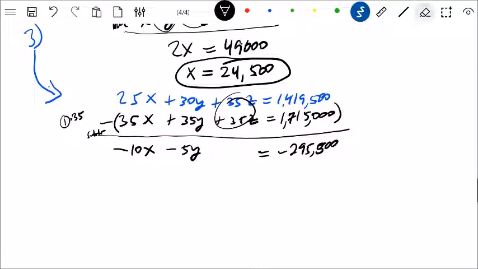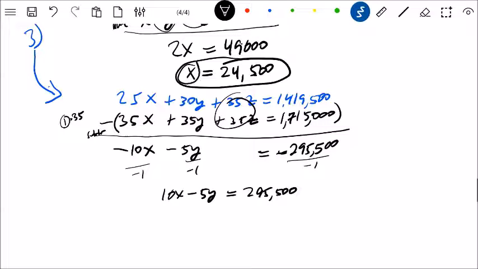Okay, so let's make that clear by making that a very clear 5. They all have negatives. I can just solve for here, but it's easier if I don't have negatives. So I'm going to divide everything by a negative 1. And so I get 10x minus 5y is equal to 295,500.